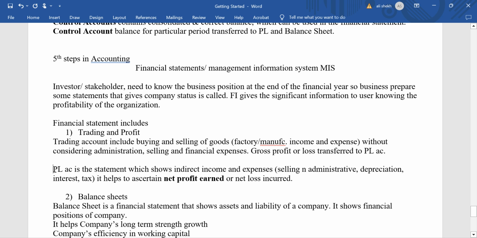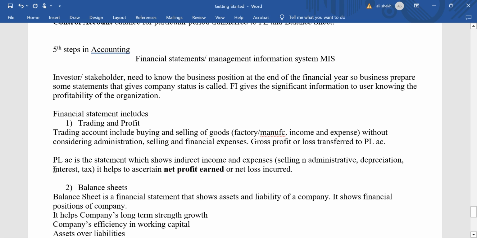Okay, so what is trading account? Trading account includes the buying and selling of goods or services without considering administration, selling and financial expenses.